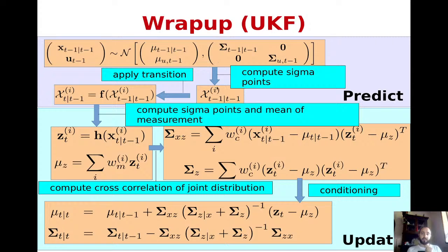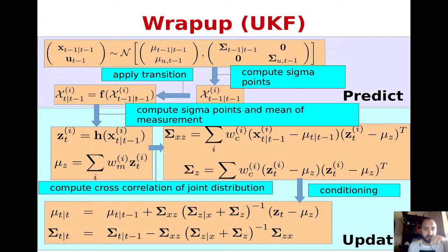Then we perform the unscented transform, so we get a sigma points representation of these two guys, both the state and the controls. We take these sigma points, we pass them through our transition function, which is non-linear, but since in this case the Gaussian is represented by points, we can basically apply this function to each sigma point to get another set of sigma points as output.